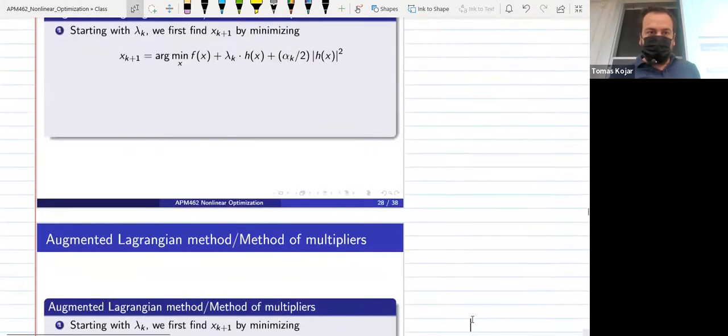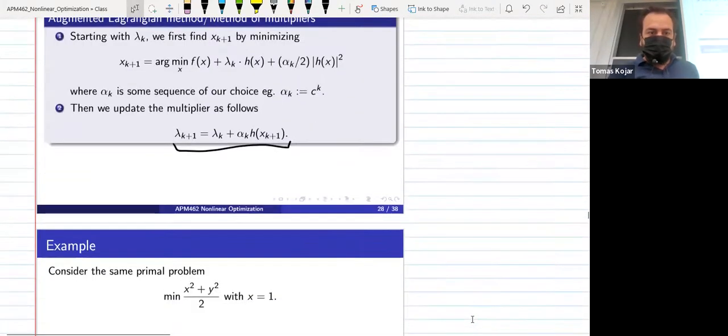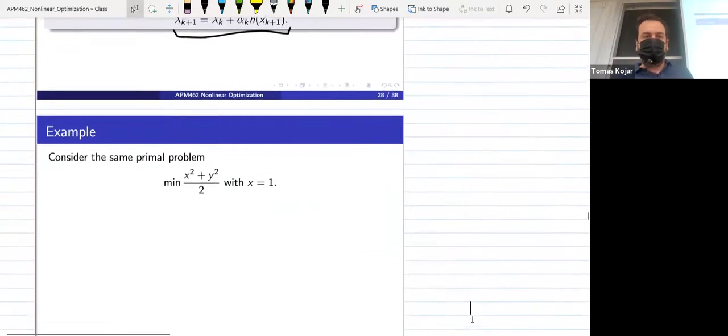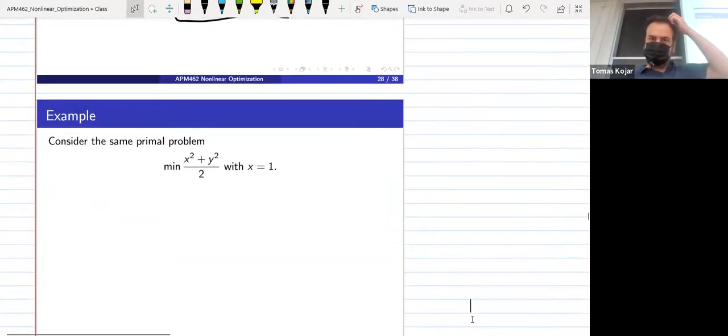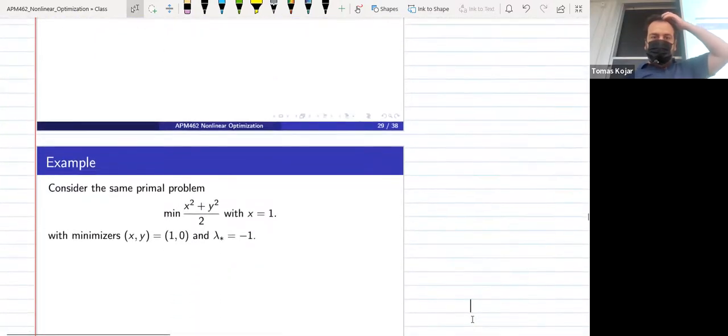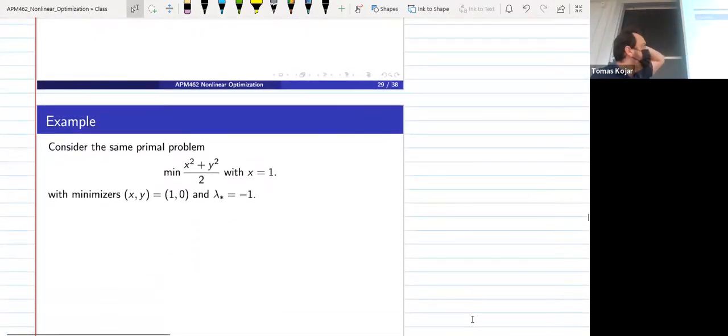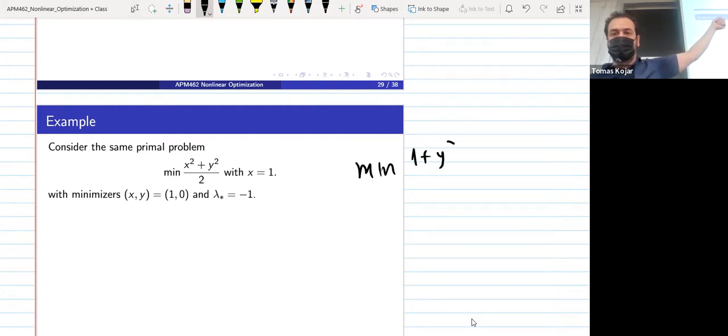So I think the example is next. Okay, good. So let's do an example to give you the idea of what's happening. Same problem as before. And we already know the minimizers because why? If you just put x equal to 1, you get the min of 1 plus y squared over 2 over all y, right? In this case, it's smallest when y is 0.